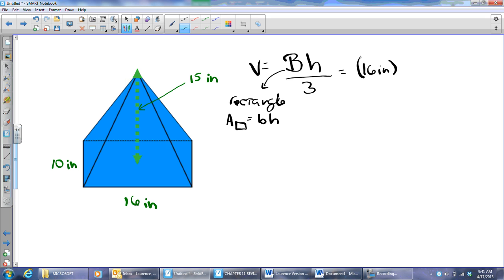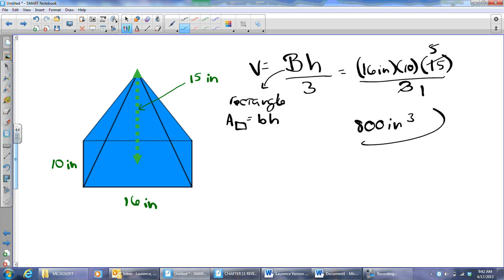The height of the rectangle would be 10 inches. Now the other h is for the height of the pyramid, that's 15. And then I have to divide by 3. I know that's going to go in there once. It's going to go 5. 16 times 5 is 80, and 80 times 10 should be 800 inches cubed, because these are both inches as well. All right, there's my volume.